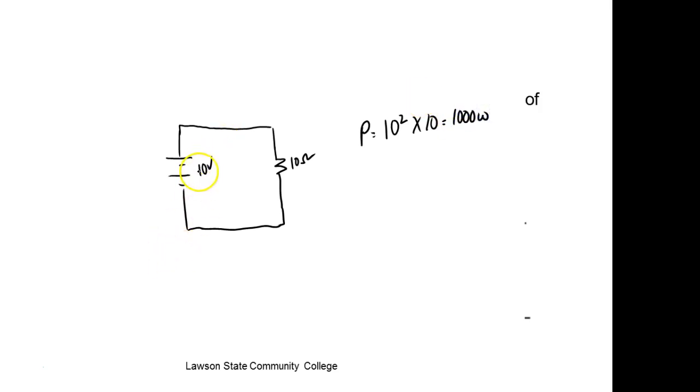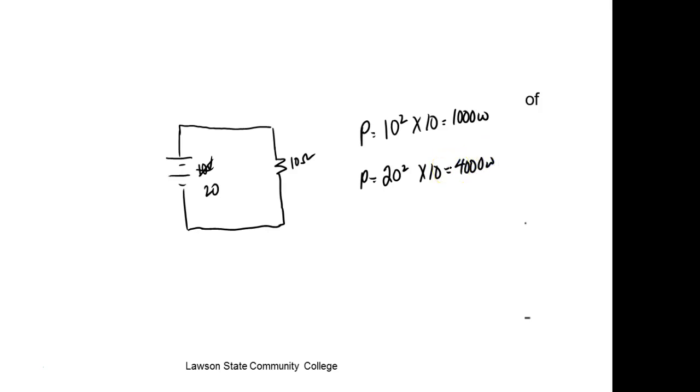Okay, so let's double our voltage. We'll go to 20 volts. So my power is going to be equal to 20 squared times 10. So if it doubled, it would go to 2,000 watts, right? That's 4,000 watts.